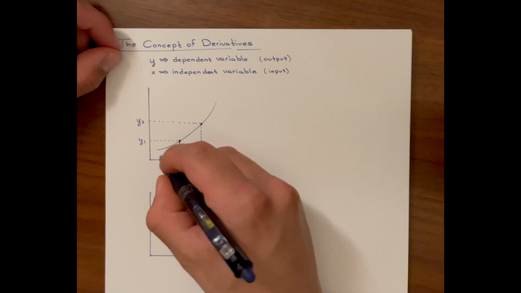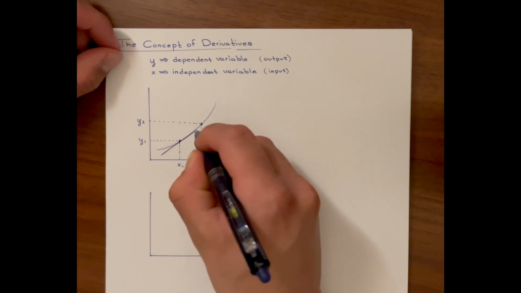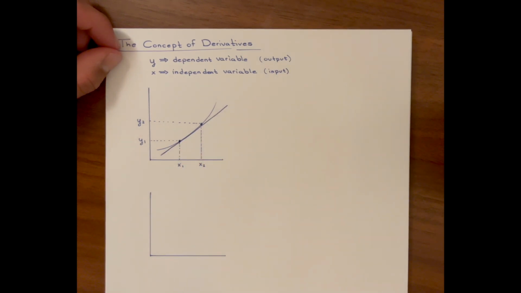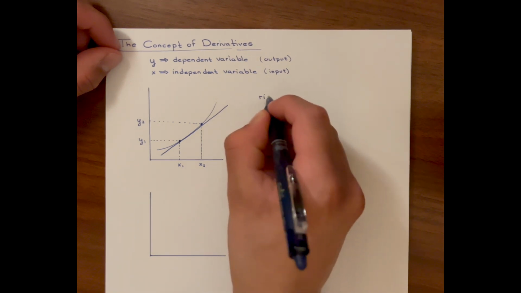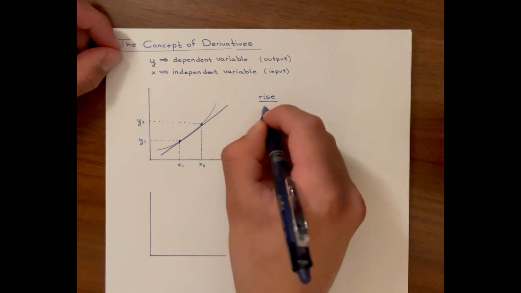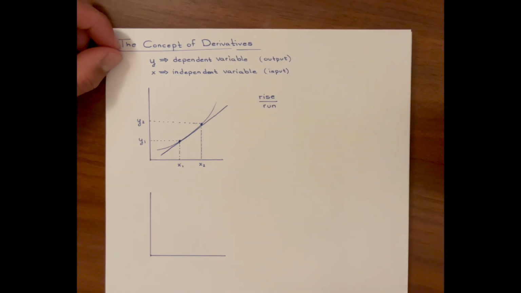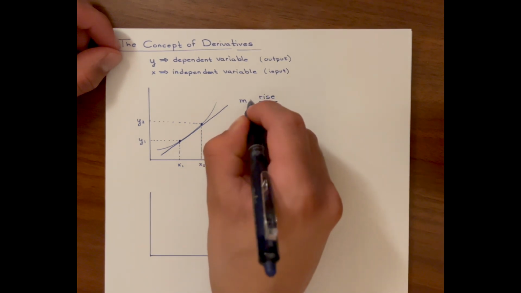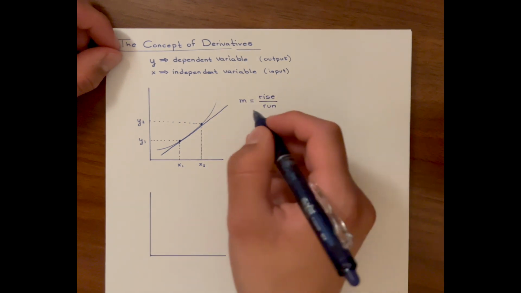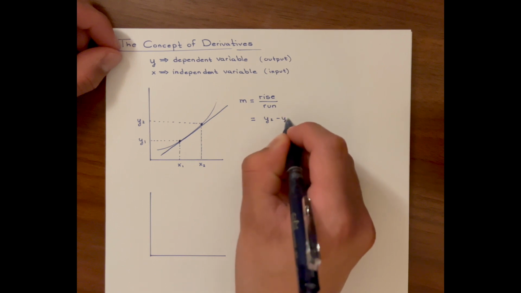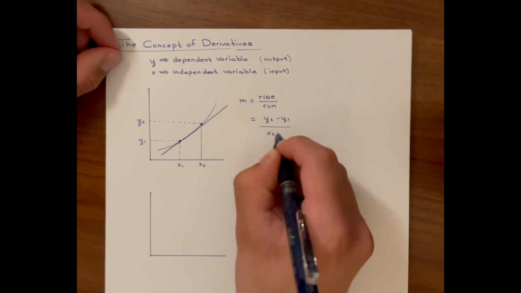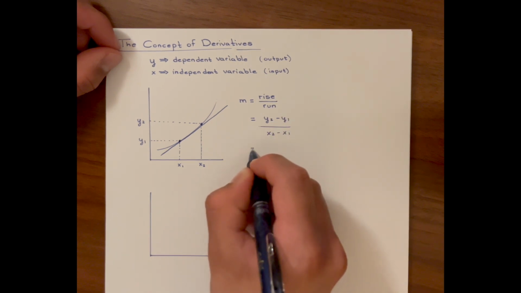Now if we connect the 2 points like this, you'll notice that we get a secant line. And if we measure the slope of a secant line, we know that it is rise over run. That is just called m, the slope. That does measure change. So our rise will be y2 minus y1 all over x2 minus x1.